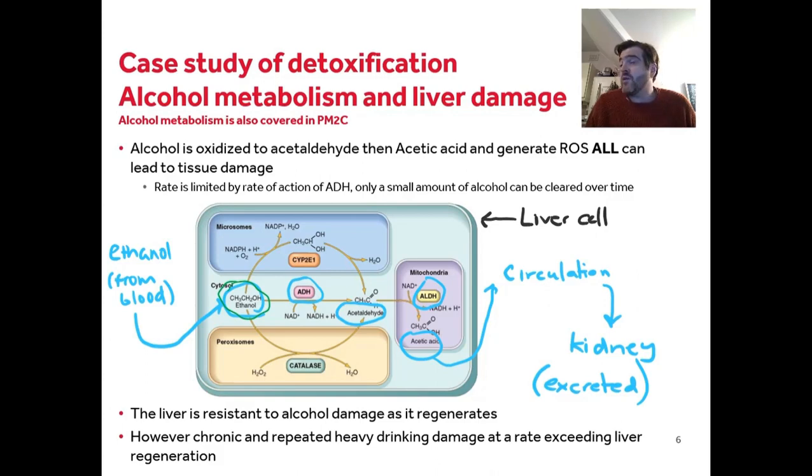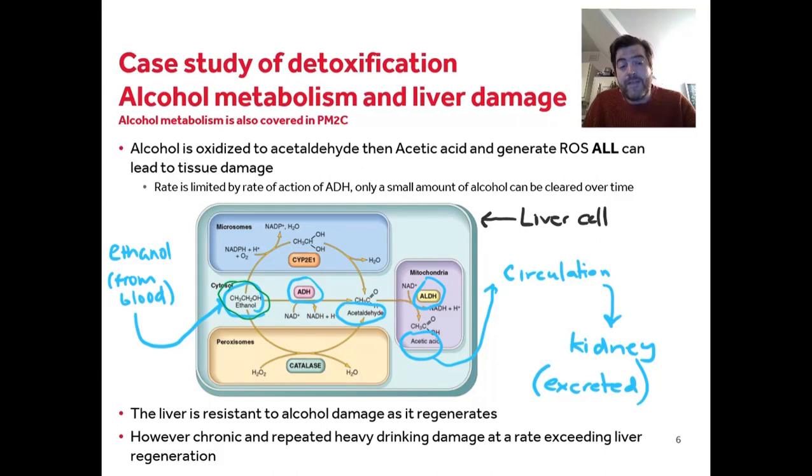And this occurs with other drugs that are detoxified by the liver as well. They can also cause damage to a greater or lesser extent, but alcohol in particular is one that causes damage to the liver because it produces lots of reactive oxygen species.